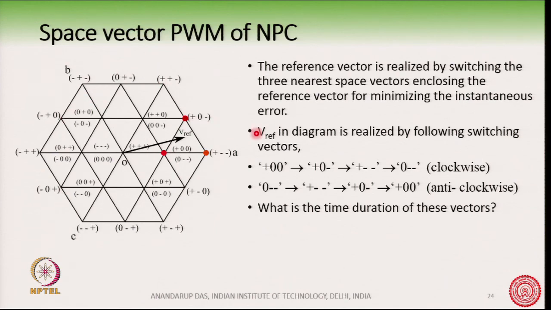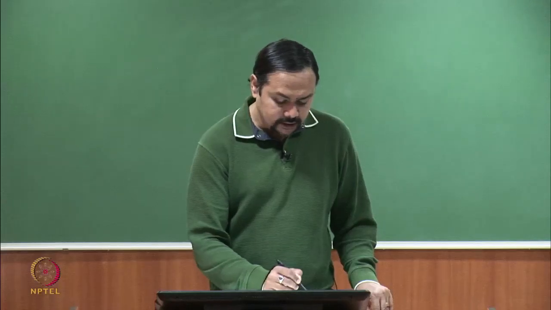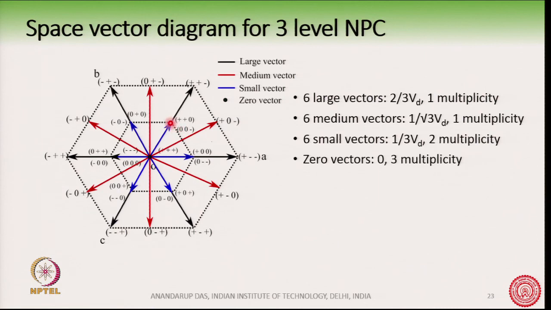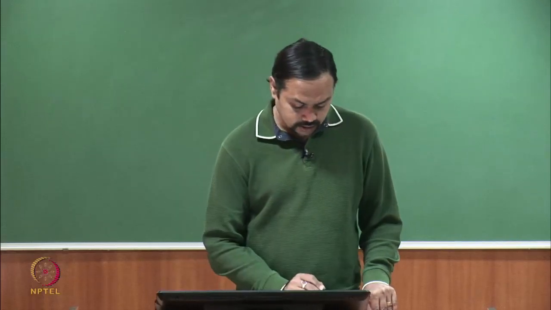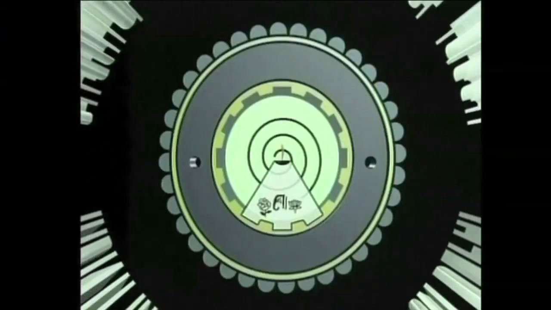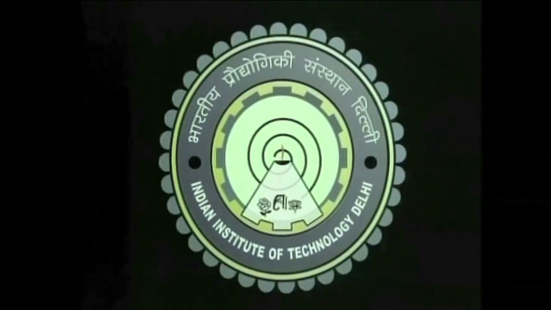But remember, these intermediate lines are all imaginary. What exists in the space vector diagram are just vectors at these points, at these locations, that is it. These intermediate lines, for example this line or this line or this line, are imaginary lines.